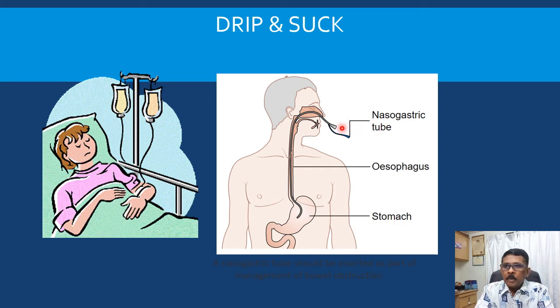The tube is inserted through the nose and pushed down, with an opening at the tip which lies in the stomach. This helps to decompress the stomach and the small intestine, which are the proximal segments that are dilated in bowel obstruction. This nasogastric tube is connected to a suction apparatus, and this can be applied intermittently or continuously depending on the situation.